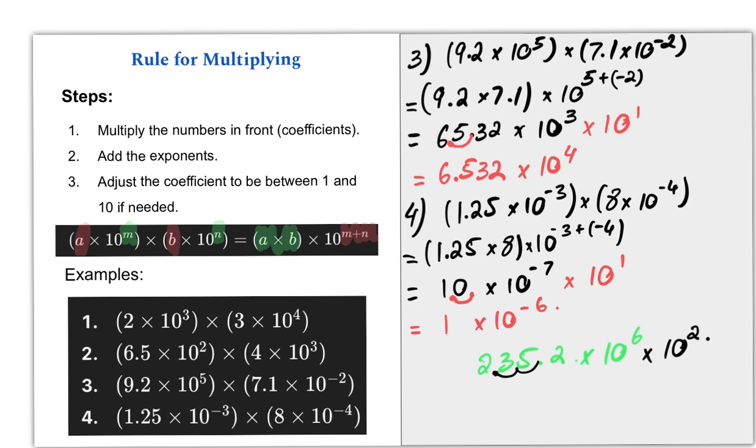When I'm rewriting this, I have to remember to add my exponents. 6 plus 2 equals 8. You are going to come across something like this. Just remember to follow the rule of how to convert a standard number into scientific notation.